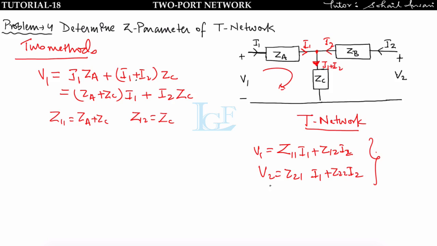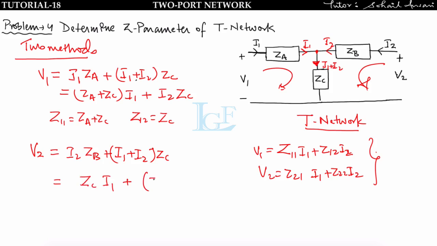Now apply KVL in the second loop. You will get V2 is equal to I2 into ZB plus (I1 plus I2) into ZC. So finally I will get ZC I1 plus (ZB plus ZC) I2. Now compare this with the standard equation V2 is equal to Z21 I1 plus Z22 I2.